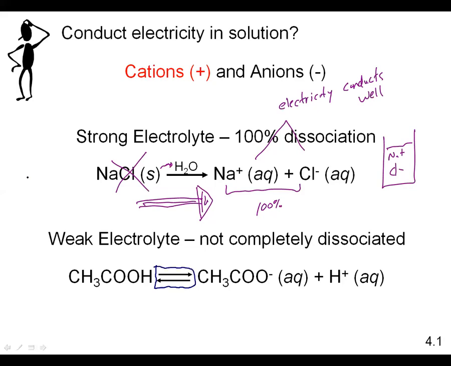When we have arrows that head in both directions, this implies a reversible reaction. Basically that means there is a forward direction, which goes from reactants to products, and there is a reverse direction that goes from products back to reactants.